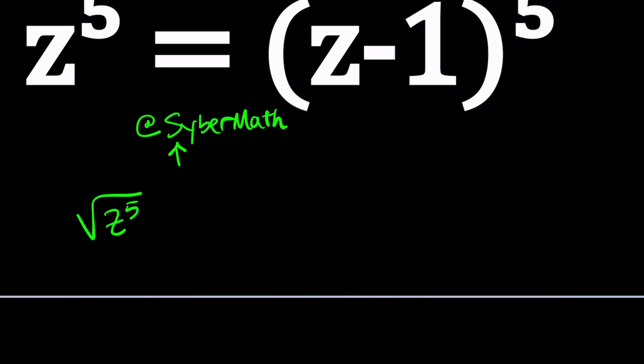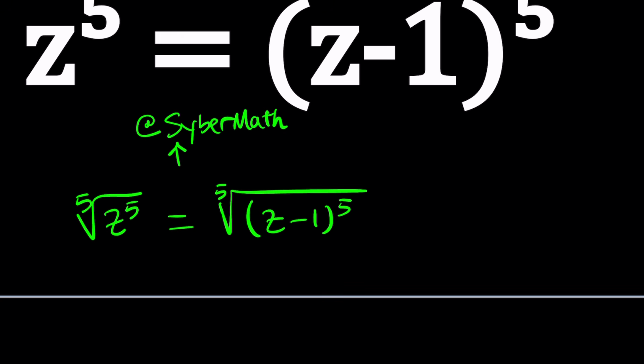Again, from a real perspective, you're taking the fifth root, and when you take the fifth root of a fifth power, the root and the power are going to cancel out. So whenever you raise a to the fifth power and then take the fifth root, you end up with a.